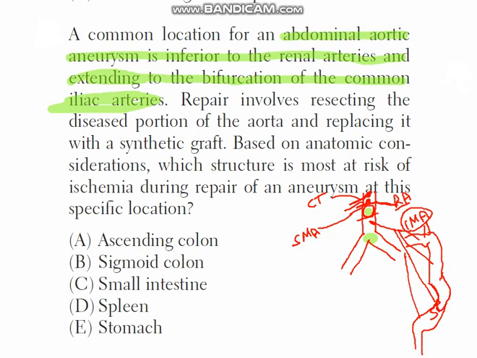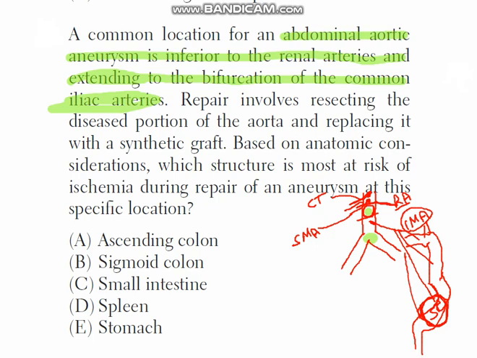When the blood supply through the inferior mesenteric artery becomes insufficient, the most affected area is the sigmoid colon because it doesn't have enough collaterals to maintain its demand.